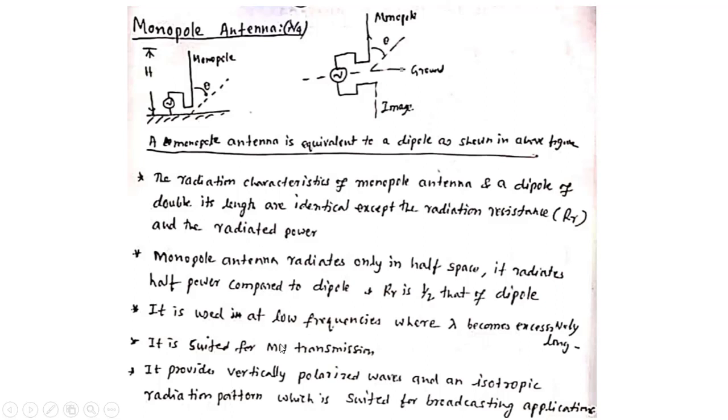It is used at low frequencies where wavelength becomes excessively long. It is suited for medium wave transmission. It provides vertically polarized waves and an omnidirectional radiation pattern which is suited for broadcasting application.